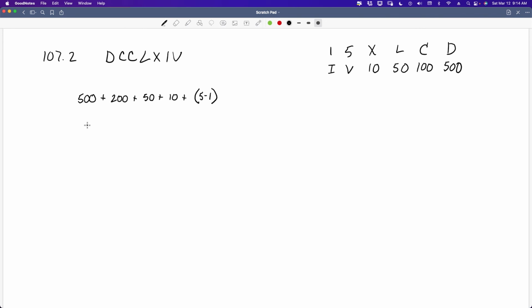So that's going to be 500 plus 200 is 700, 50 plus 10 is 60, and 5 minus 1 is 4. So the answer is 764. And that's how that works. All right, that is all we have for lesson 107, Roman numerals, and I'll see you in lesson 108.